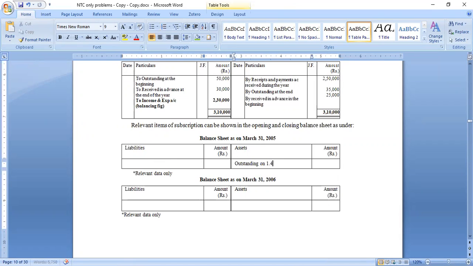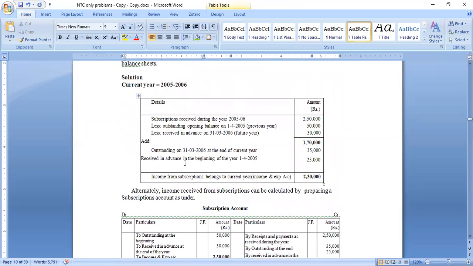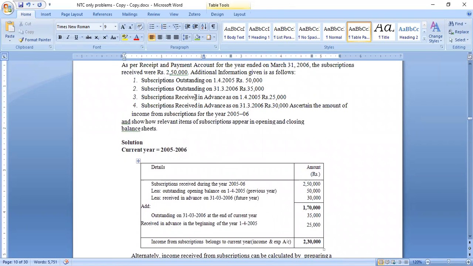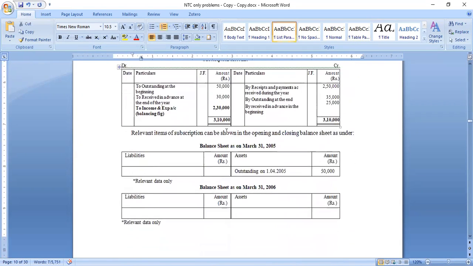1/4/2005, 50,000. So 2005 advances, received in advance as on 1st April 2005, 25,000.